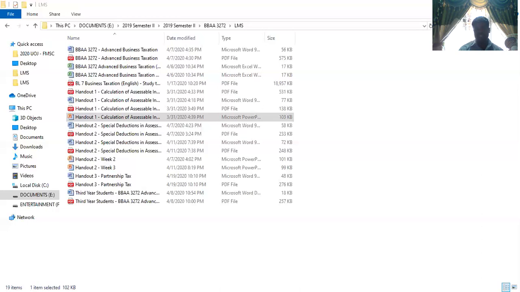Economic service charge, that is also a disallowed expense. Value added tax or NBT on financial services. But nowadays NBT is abolished in Sri Lanka. There's no NBT.